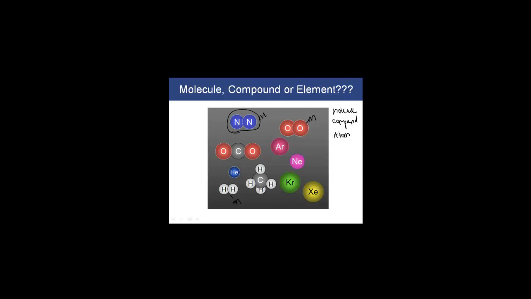In terms of the compounds, again, compounds is when you have two or more atoms that are bonded together, but the atoms have to be different. So here we have a compound, and the rest are going to be just atoms, single atoms.